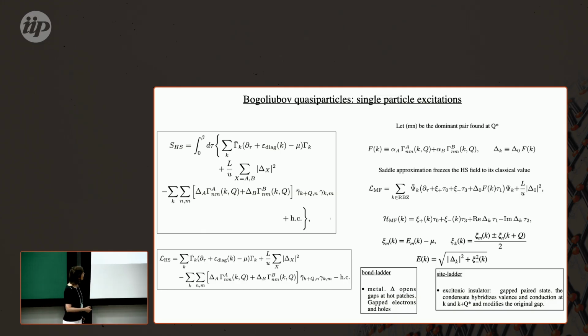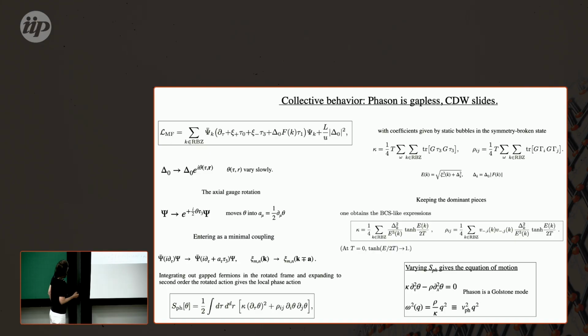Like in the case of the gap system, which is the site ladder, those quasi-particles should be like excitons, which live in K and K plus Q asterisk, where Q asterisk is where the charge density states arise. Having the mean field Hamiltonian, the quasi-particles in the system are excitons in the site ladder, and electrons and holes in the bond ladder.